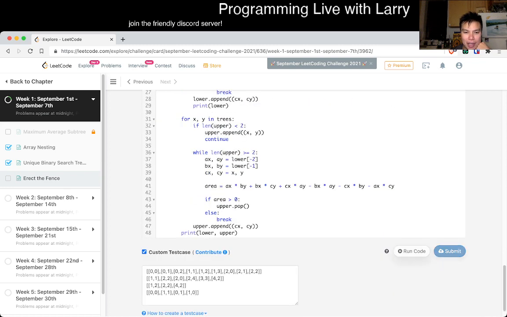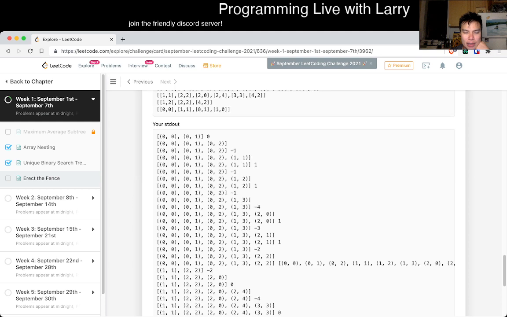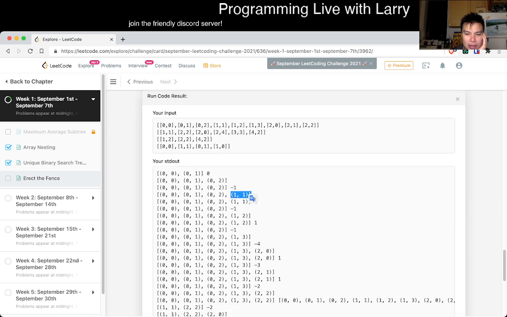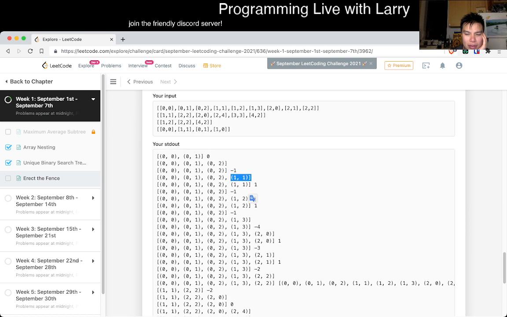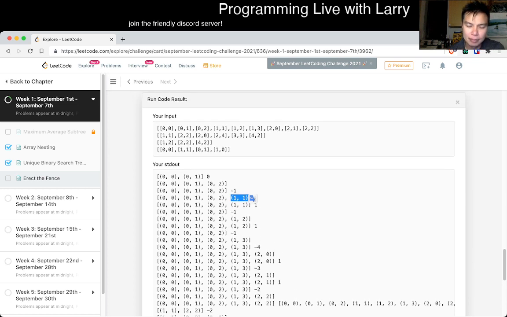Let's see what happens here. So then now we go 0, 0, 0, 1, 0, 2, and then now 1, 1. If this is lower bound, this is very wrong. Let's see.